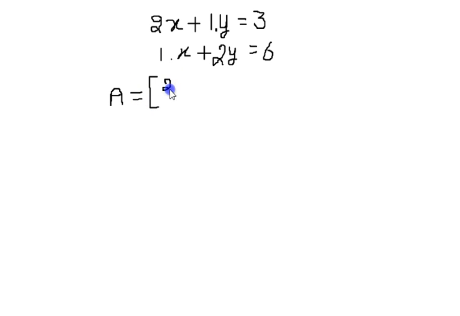So I am writing the first row 2 1, and then the second row 1 2. Then we write the variables in another matrix, X, and the variables are x and y. So x here and then y here.